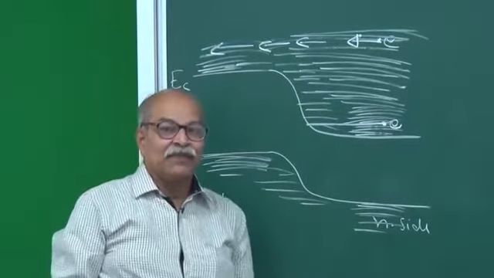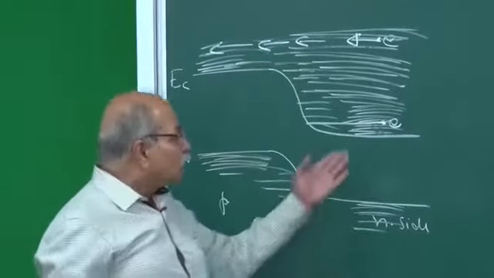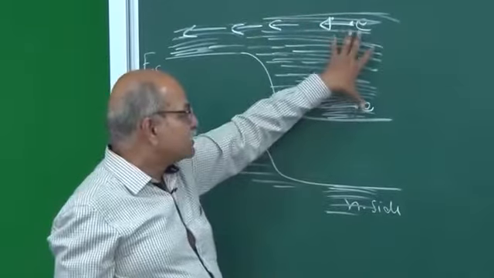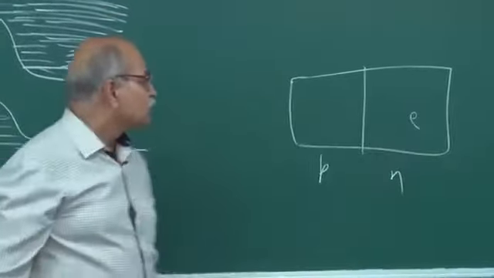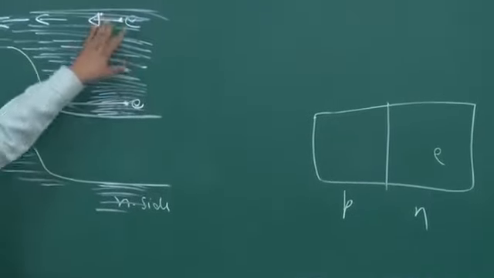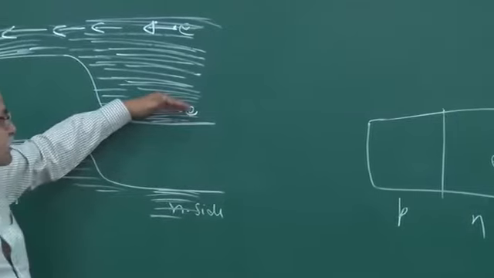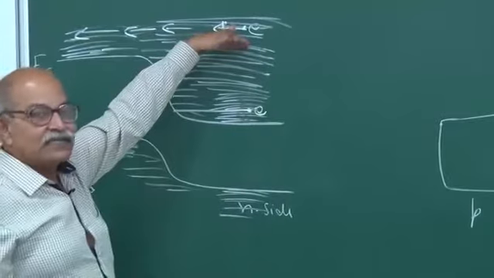So it becomes very important to find the occupancy of these quantum states. If you have many conduction electrons here in the n side, how many of those electrons are in these quantum states, in these quantum states, and so on.